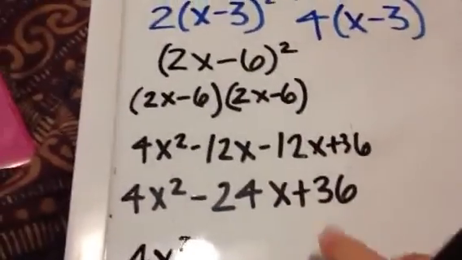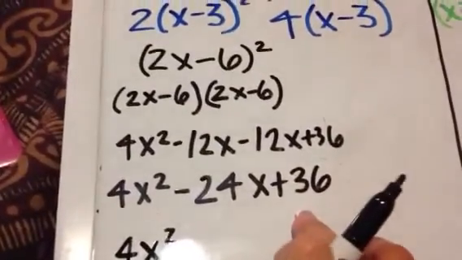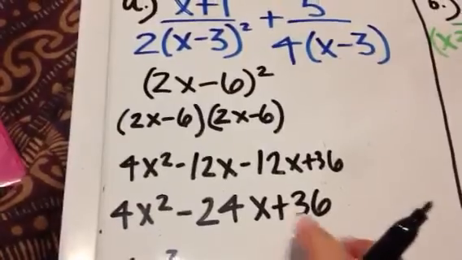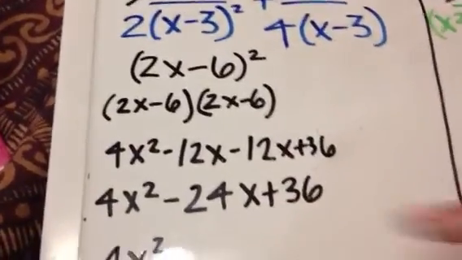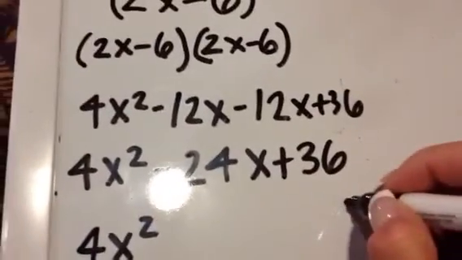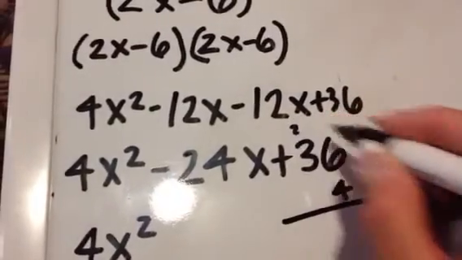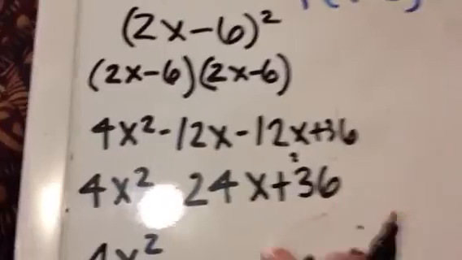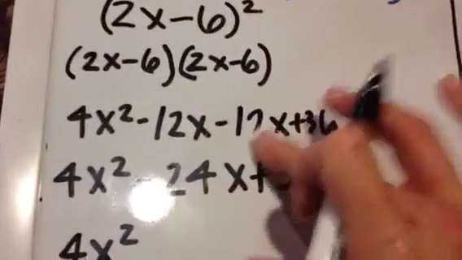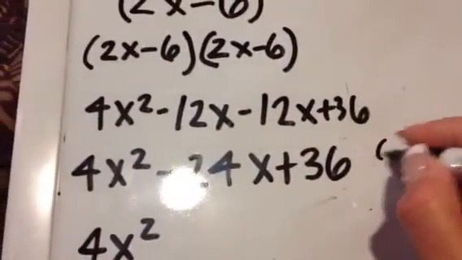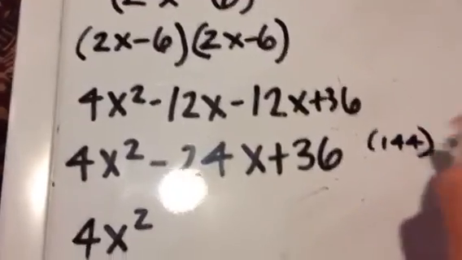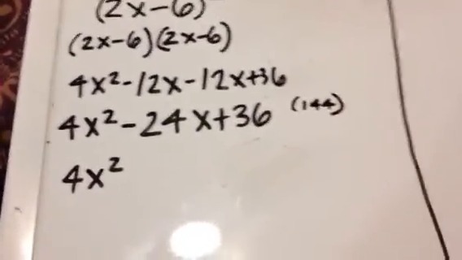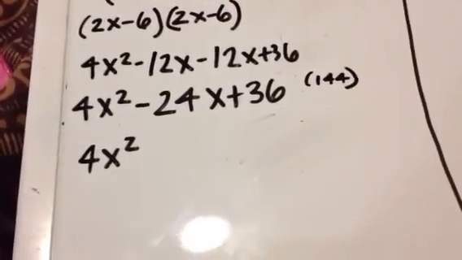Now we are looking for something that multiplies to equal 4 times 36, which is 144, and adds to equal a negative 24x.